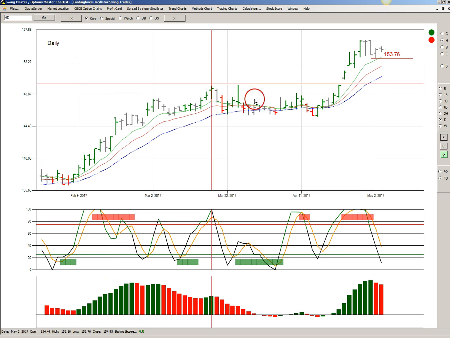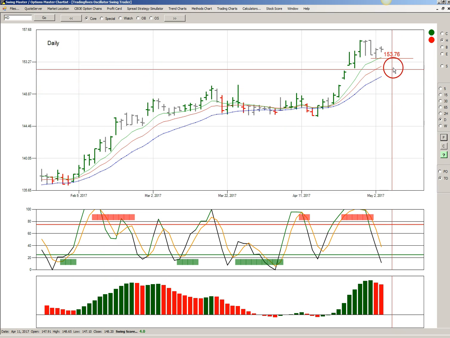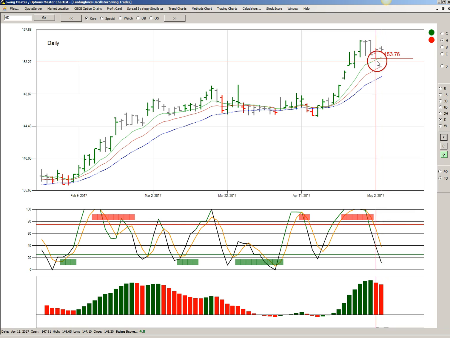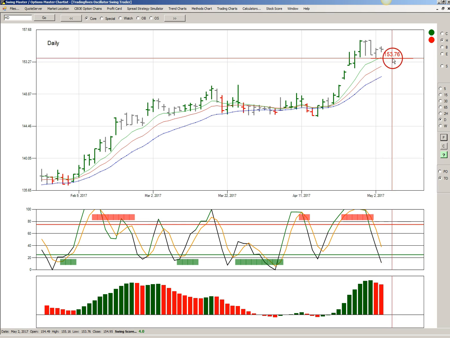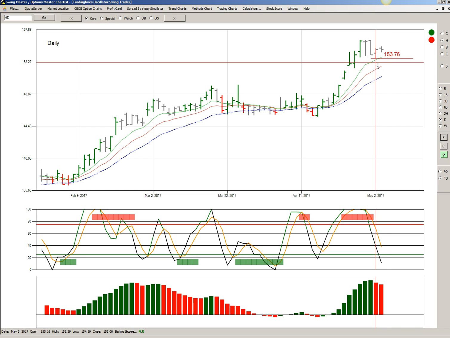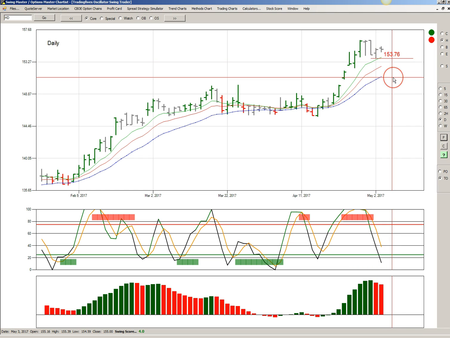So for HD, Home Depot, the signal would be a trade below 153.76, or one tick below that, 153.75, and this has not executed, but that would be the signal.